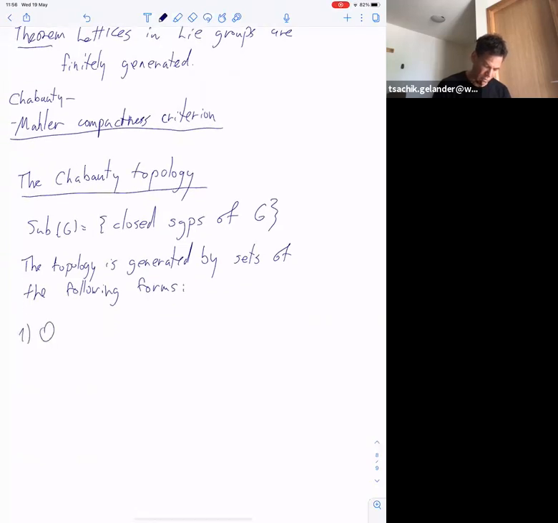One is O1(U), the set of all closed H in G such that H intersection with U is not empty, where U is open.